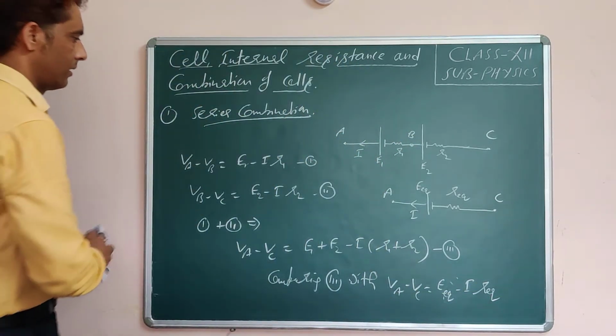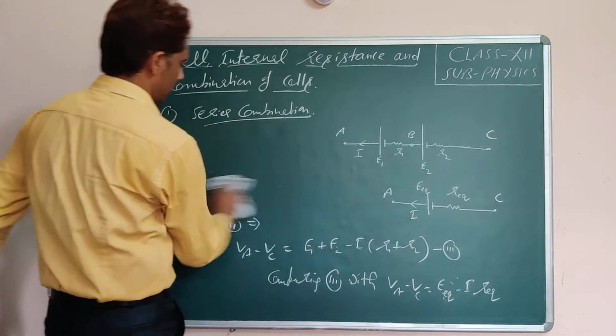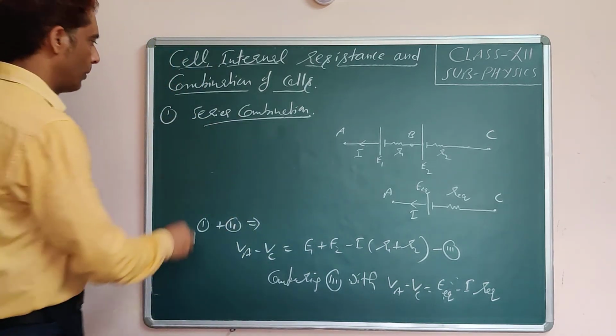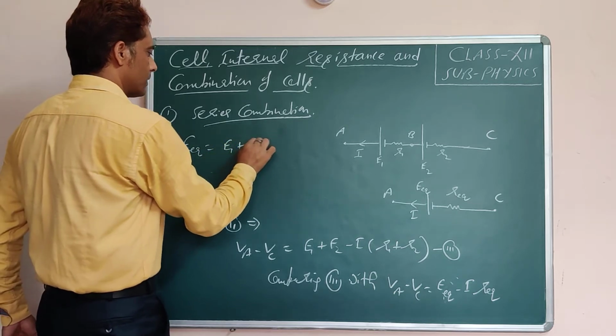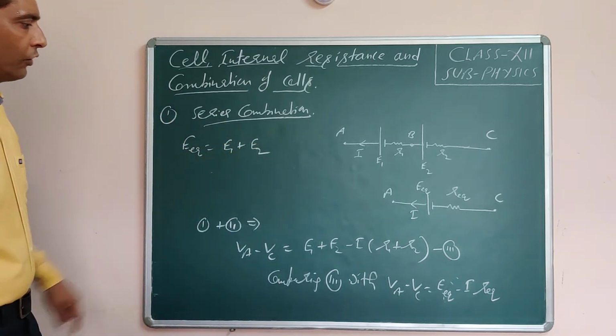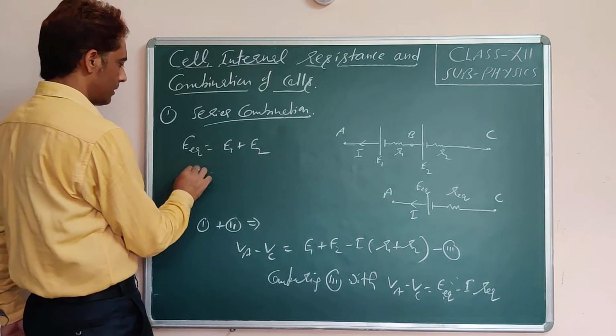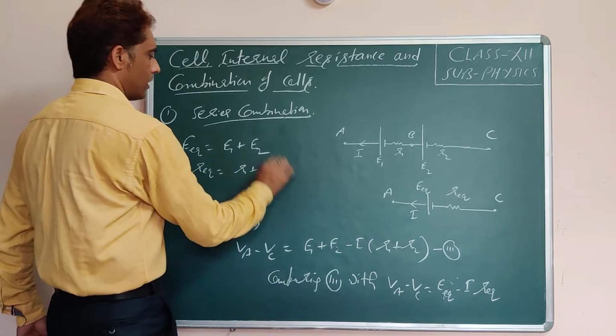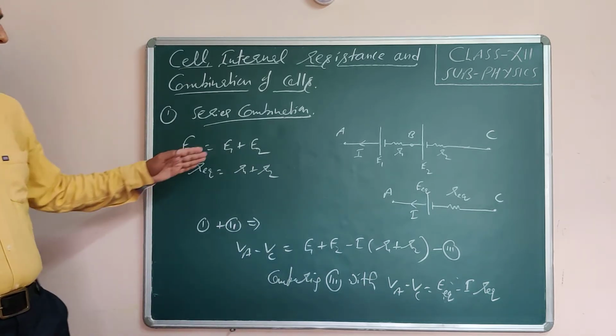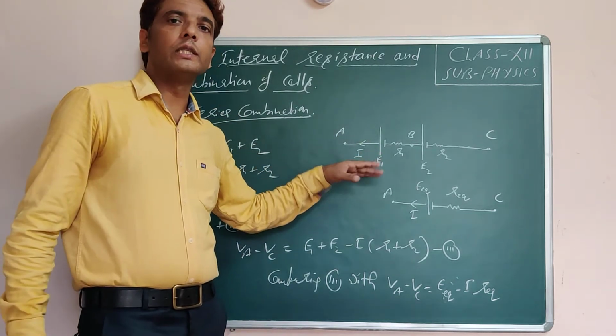We can write the equivalent EMF is equal to E1 plus E2 and the equivalent internal resistance R1 plus R2. So this is for combination of two cells in series.